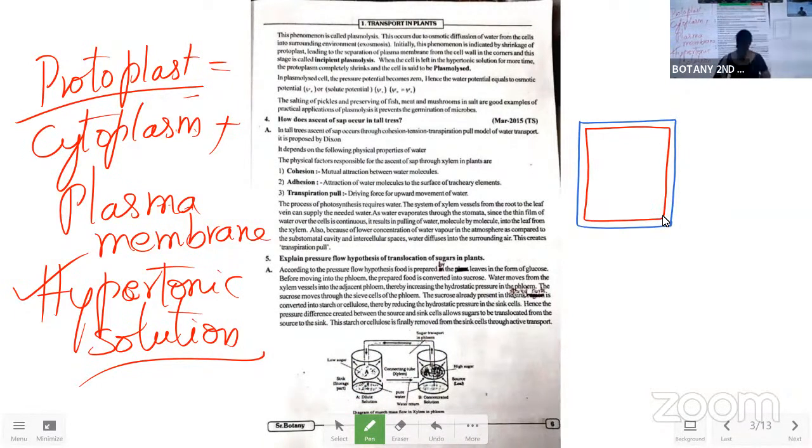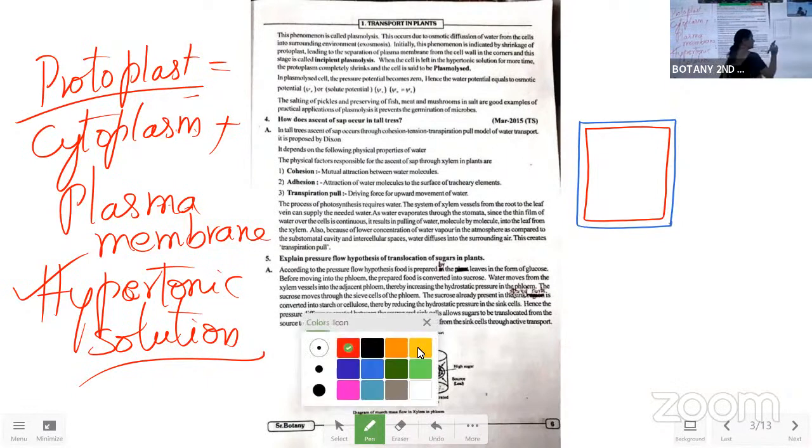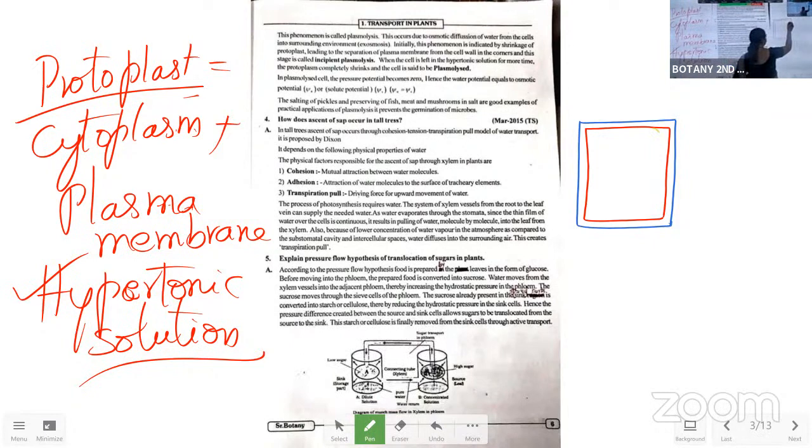Now the first step is for the shrinking of the cytoplasm. Shrinking of the cytoplasm starts from the corners of the cell. From the corners of the cell, the cytoplasm starts shrinking.